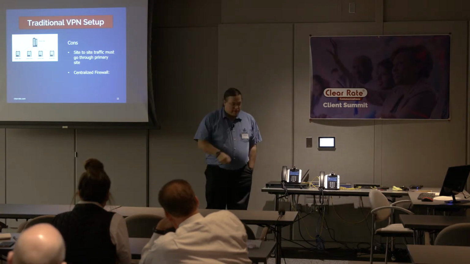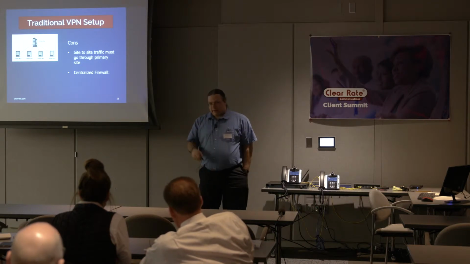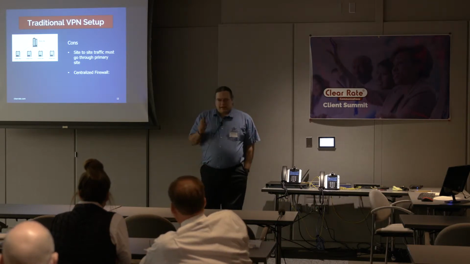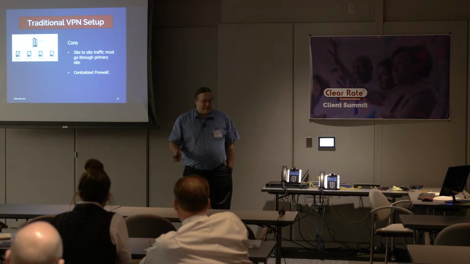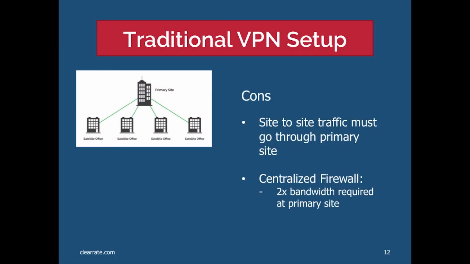I have to go into 14 of them and block it here, block it in St. Louis, block it in Mississippi. You say, okay, well, I'll get one big firewall and link everyone to it. The problem with that in this setup is you're going to need twice as much bandwidth here at the head site, because all your packets have to go from your satellite office to the primary site, then out the primary site to the internet, then back to the satellite office.